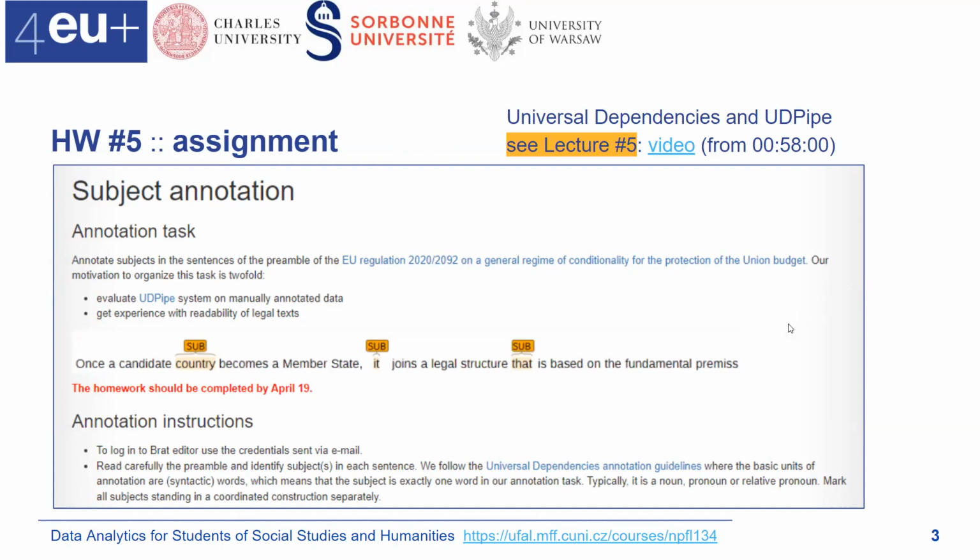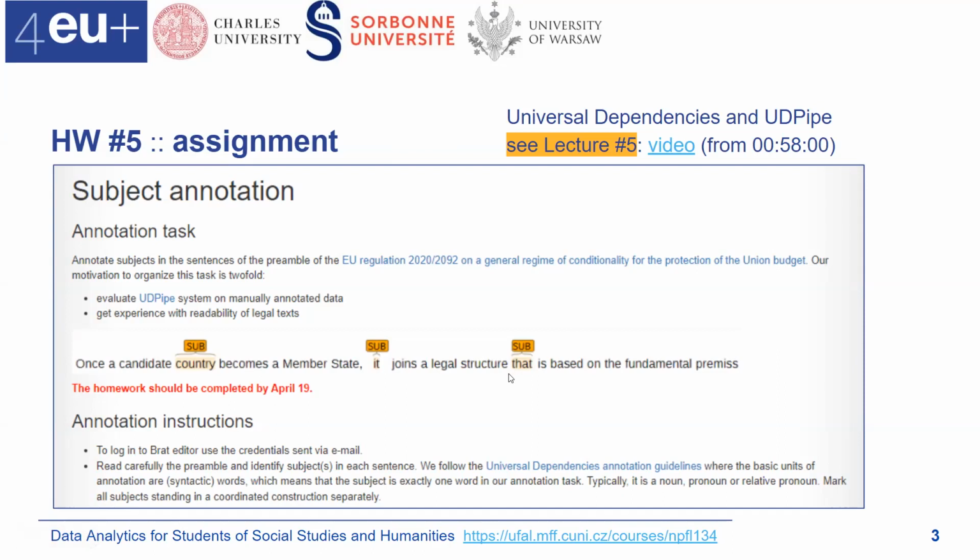Just as a reminder, here is a sentence: once a candidate country becomes a member state, it joins a legal structure that is based on the fundamental premise. This sentence is from the given European Union regulation, and 3 subjects are detected in this sentence.